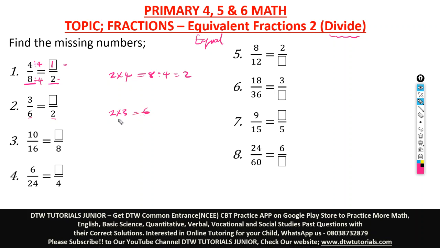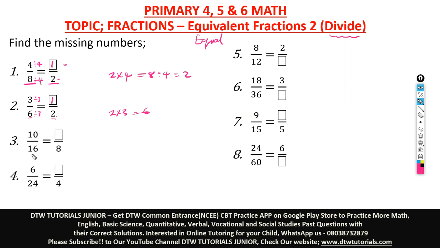So 6 divided by 3 gives you 2. And whatever you do to your bottom number, you must do to your top number, so 3 divided by 3 gives you 1. So this is the equivalent of these numbers.